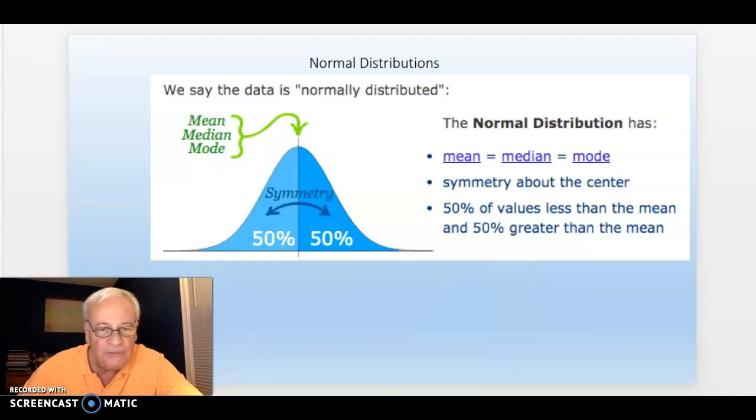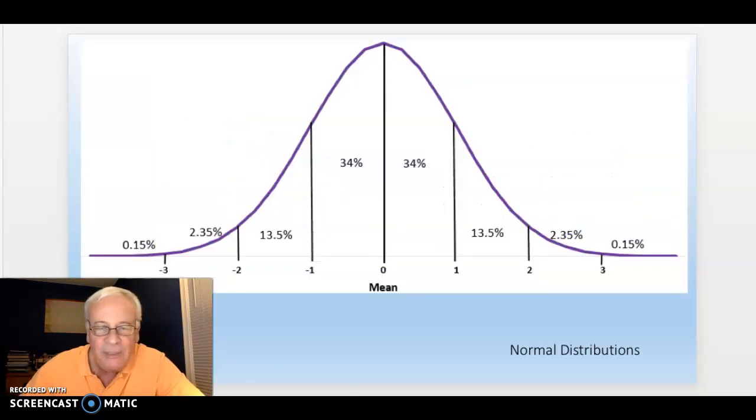Again, just to review, the normal distribution is symmetric, okay? So the mean, the median, and the mode are really about the same. 50% of the data is below the mean, and 50% of the data is above the mean. But we can even get more specific than that using standard deviation.